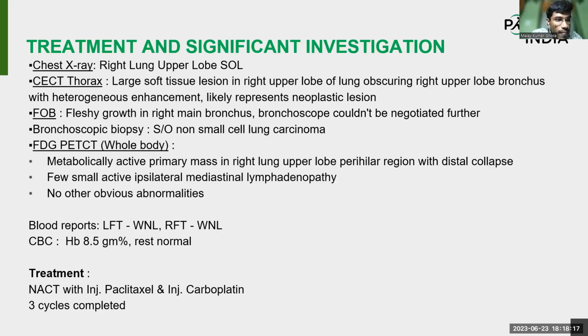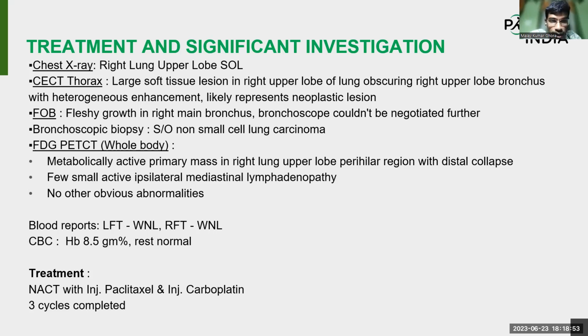Coming to the next, a series of investigations were done, which I tried to list in chronological order. Ultimately, the bronchoscopic biopsy diagnosed it as non-small cell lung cancer, and the recent FDG PET-CT was also suggestive of a metabolically active primary lesion in the right lung upper lobe, a perihilar lesion with distal collapse, and a few small active ipsilateral mediastinal lymphadenopathy.